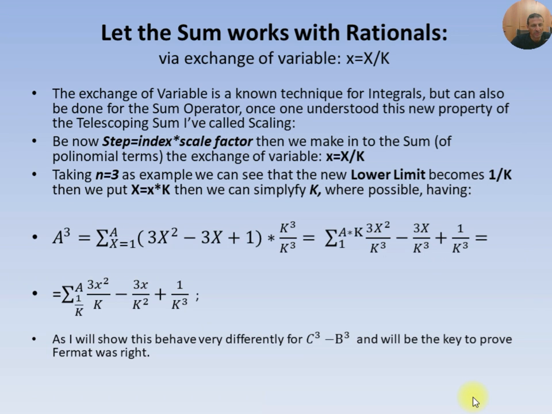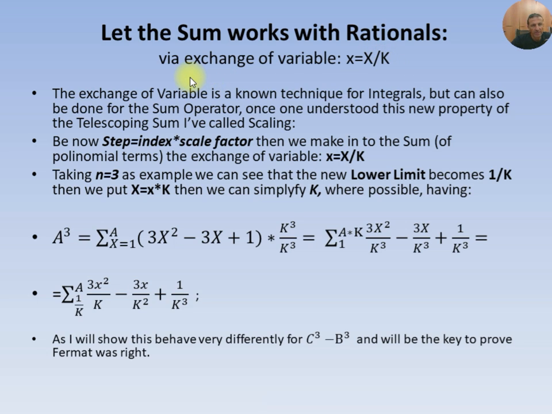The second very important point here, the key of the proof, is that we can now represent the sum via a sum of rationals. This means we can make an exchange of variable, putting lowercase x equal to uppercase X over k.